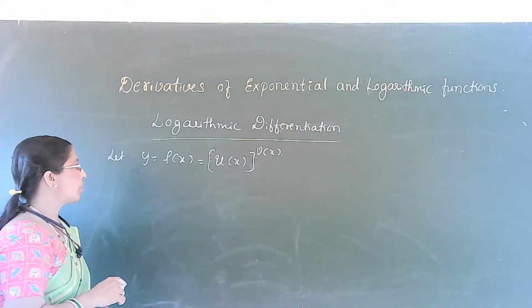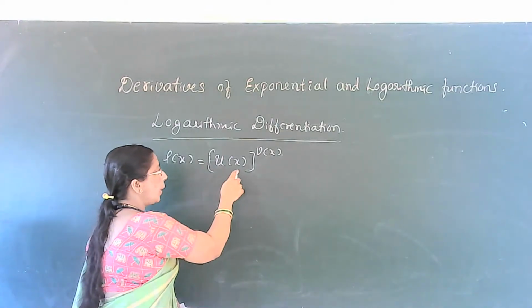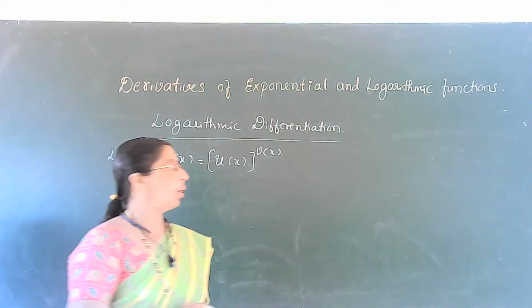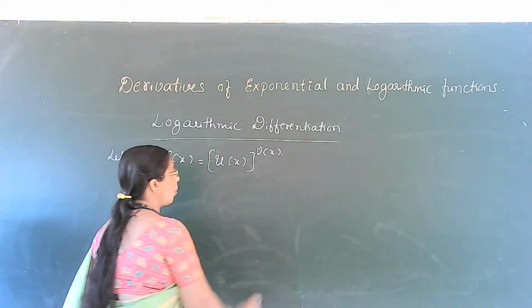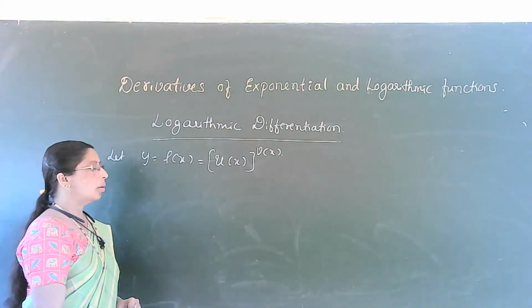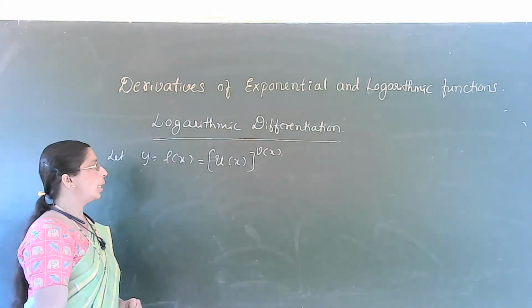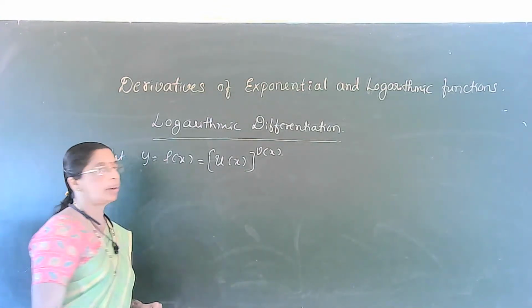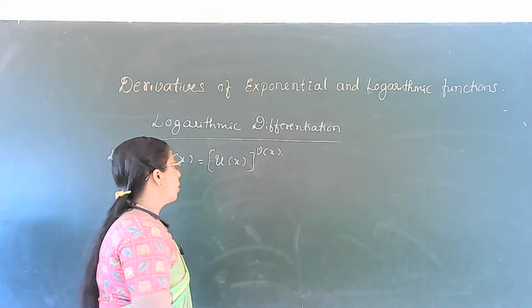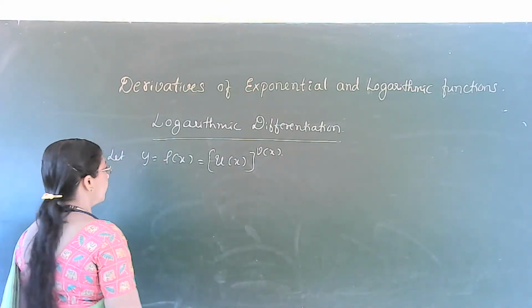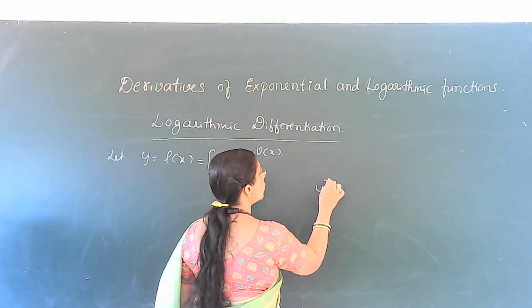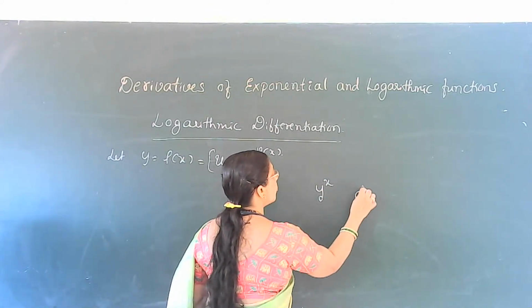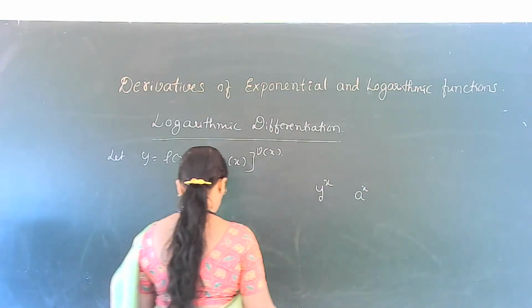This is another type of function. Finding the derivative of this function is really difficult. It is also the type of function like x to the power x or a to the power x, etc.